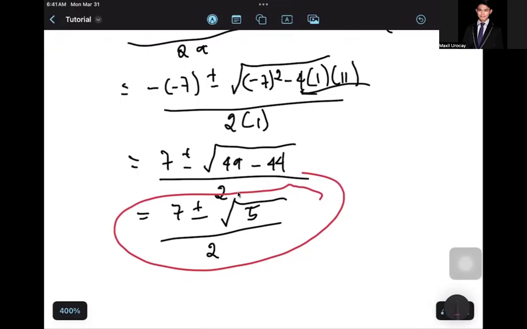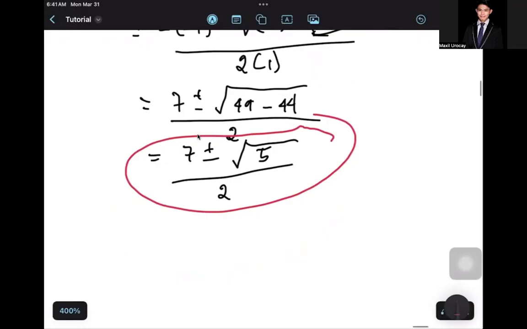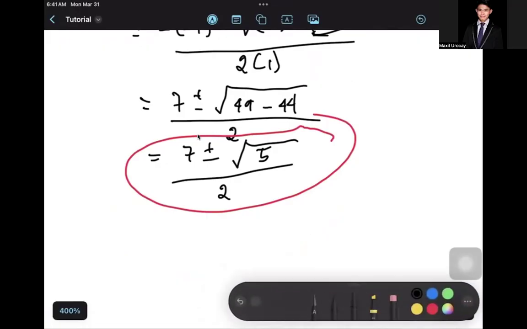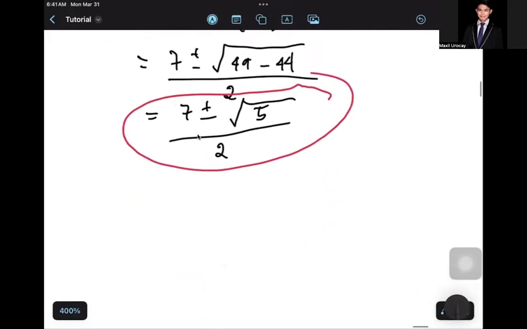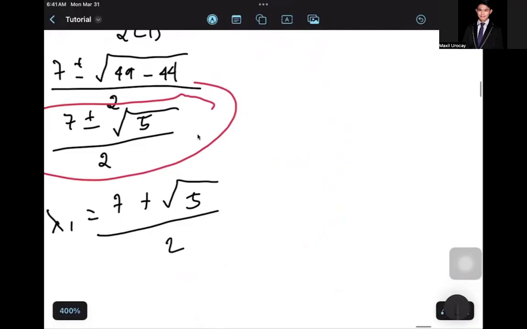So by simplifying the result for the two eigenvalues, your eigenvalue 1 is definitely 7 plus square root of 5 over 2 and your other eigenvalue will be 7 minus square root of 5 over 2.